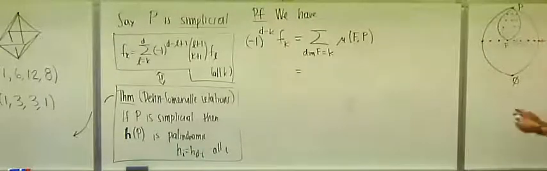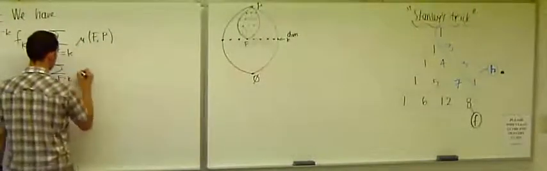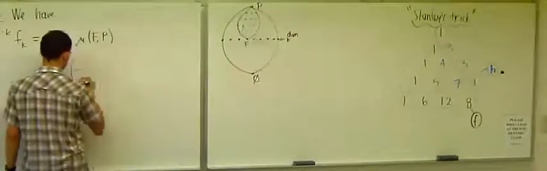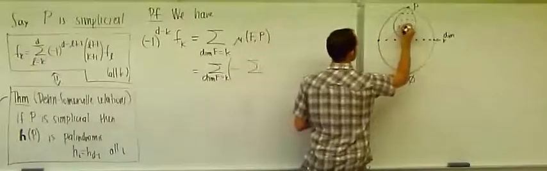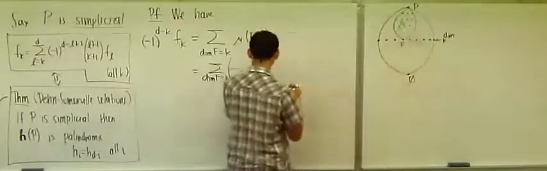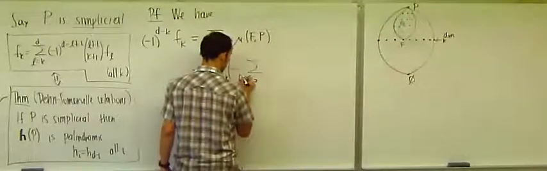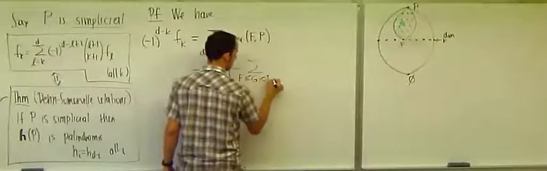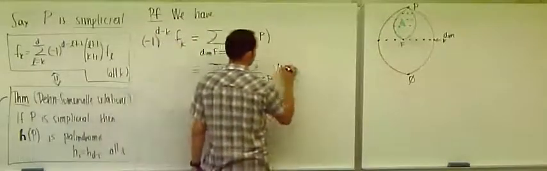So I get the sum over dimension of f equals k, and then minus the sum of all of these green guys, which I'm going to call g. So g needs to be bigger than f, and it can't be the top element. And I get mu of f comma g.